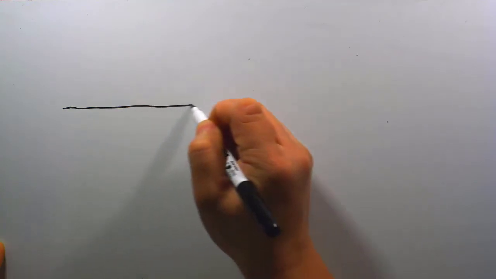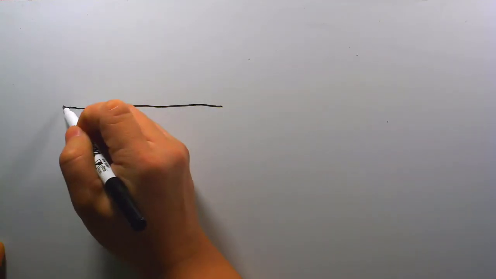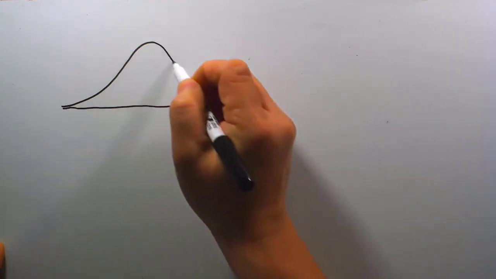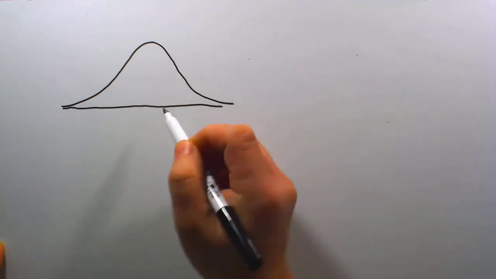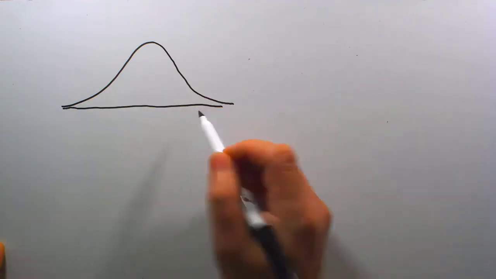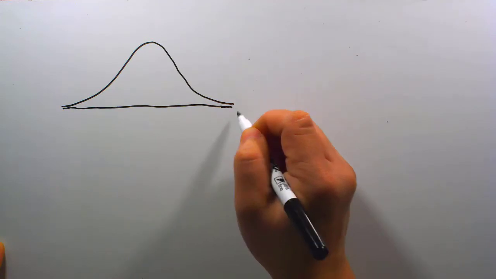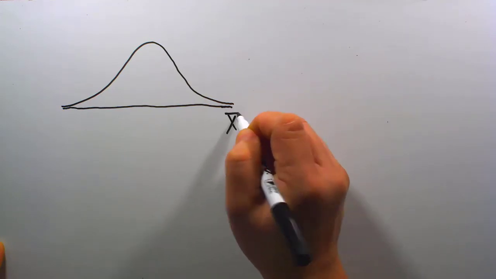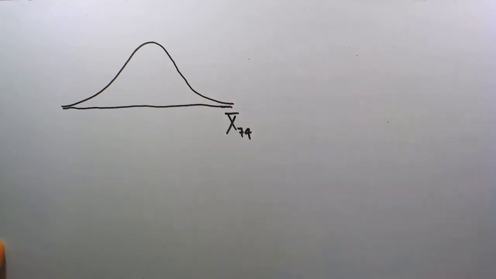All right, so now back on the bell curve that represents our distribution of all sample mean values. Again, this is the bell curve where any value on this line is a sample mean at size 74.